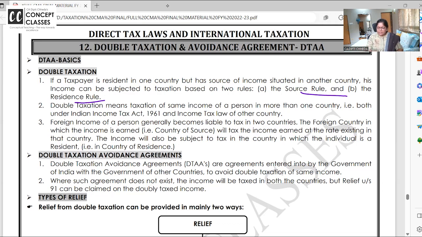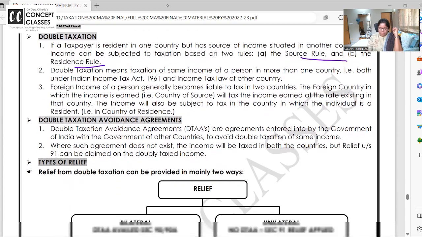Foreign income of a person generally becomes liable to tax in two countries. Correct or not? I am a resident and ordinary resident of India. So on India's income I am ready to pay tax, but whatever tax I am paying in the foreign country, that is what I want relief for, right or not?